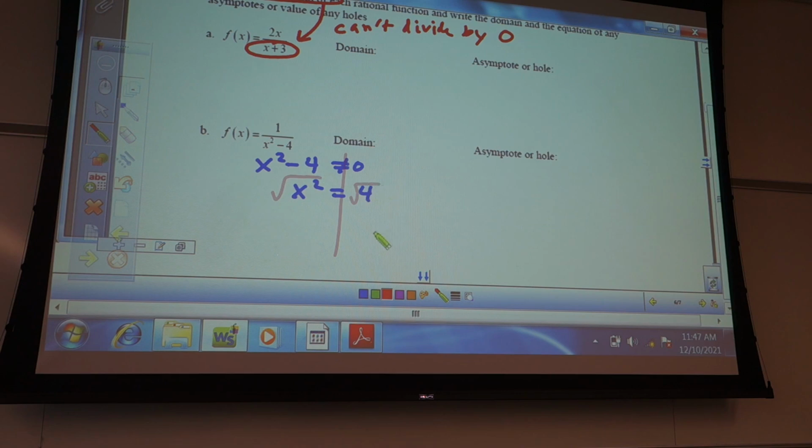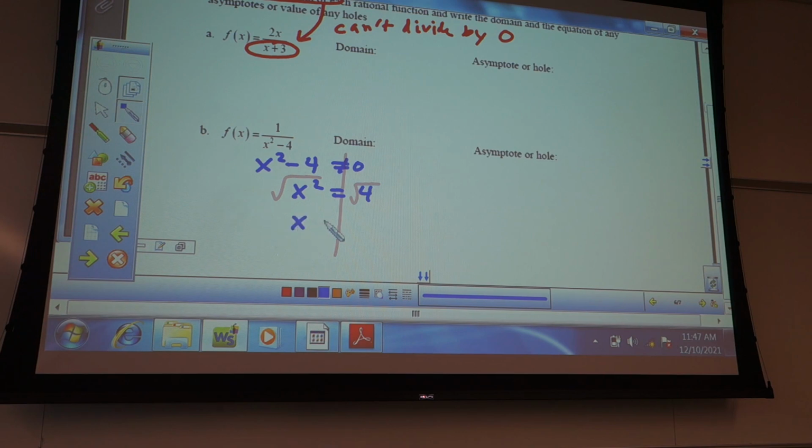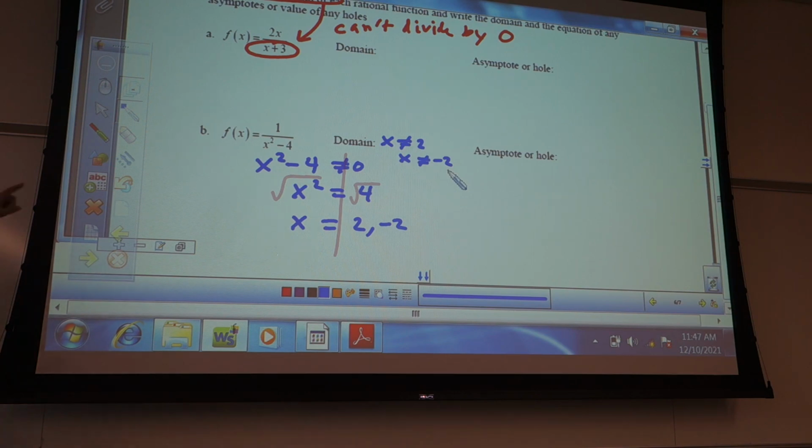So then x equals what? 2 or -2. There's two possibilities. Everyone remember that one? So for my domain, x can't be 2, and also x can't be -2. Both. It can't be 2, it also can't be -2.